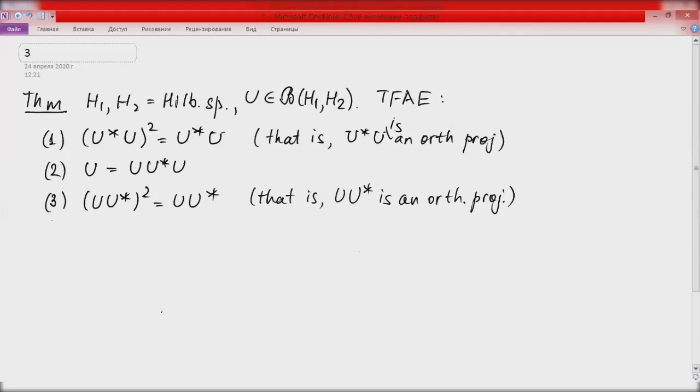Condition 4: U star equals U star U U star.